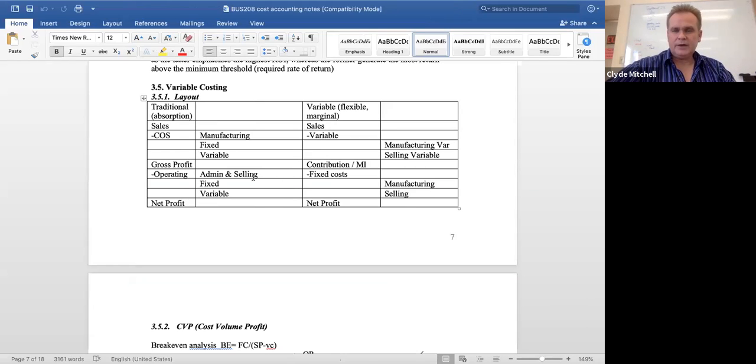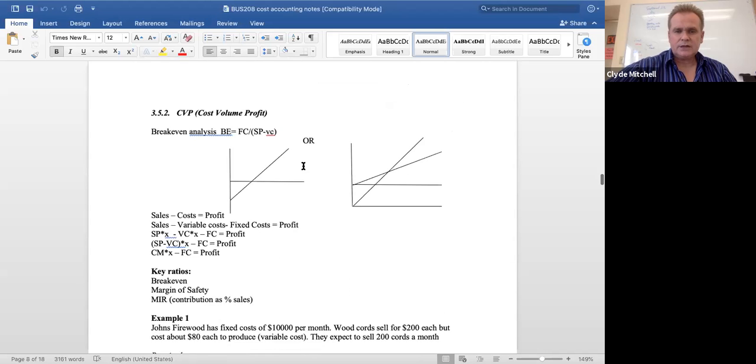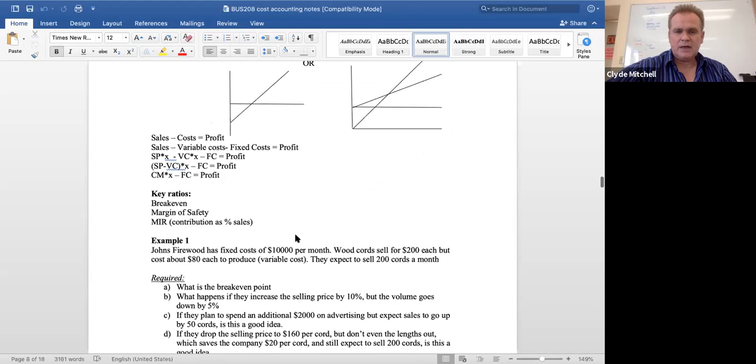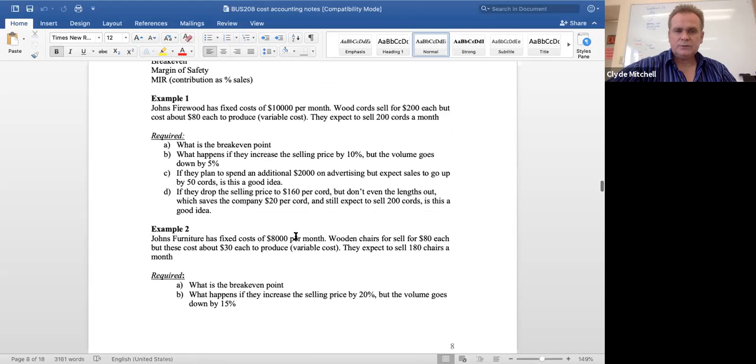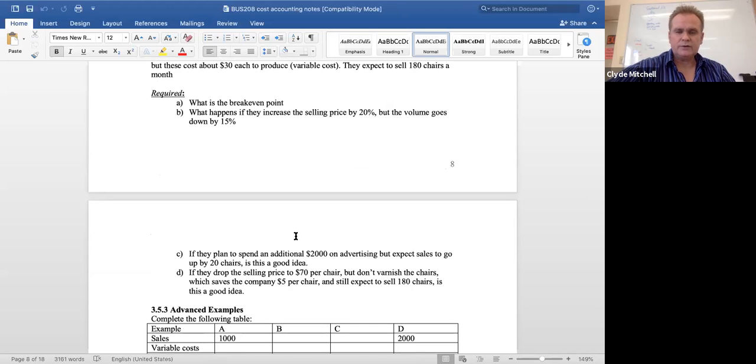If you're looking on page 7 of the notes, you will see there is a table at the bottom of page 7 that differentiates traditional versus variable costing. That leads into a couple of graphs and formulas, and then we have 2 examples. We'll probably just work through the first example, but the second example is a great one for you to try yourself.